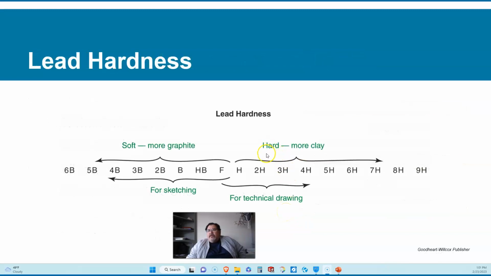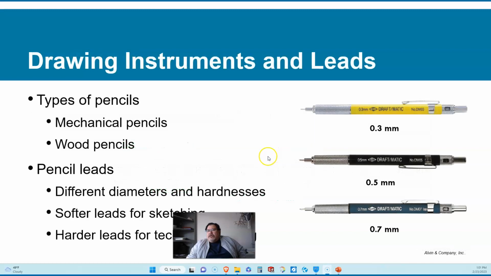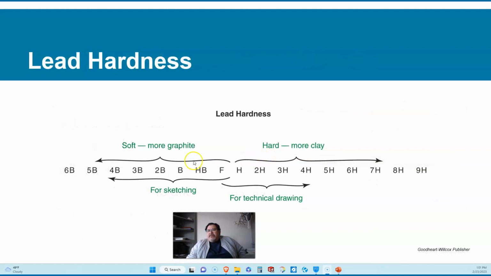You don't see the box of leads, but they sell little boxes of leads, and when you talk about their hardness, softer leads have more graphite. Harder leads have less graphite with more clay.